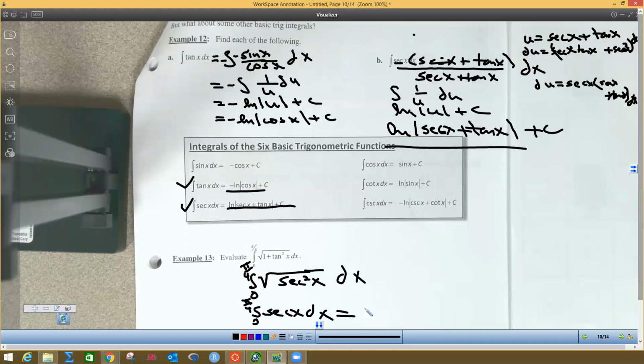So this is going to be the natural log of the absolute value of secant x plus tangent x. We're going to plug in 0 last and pi over 4 first.